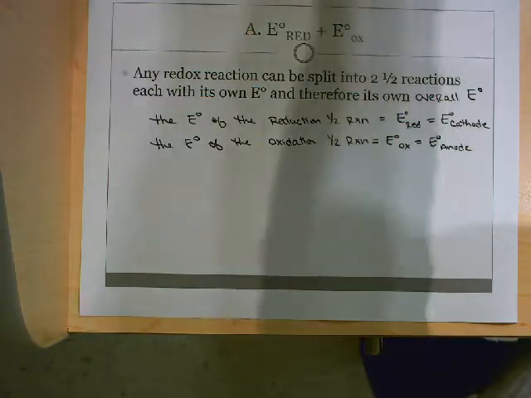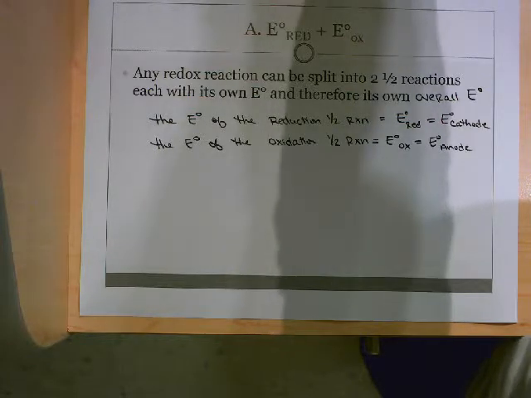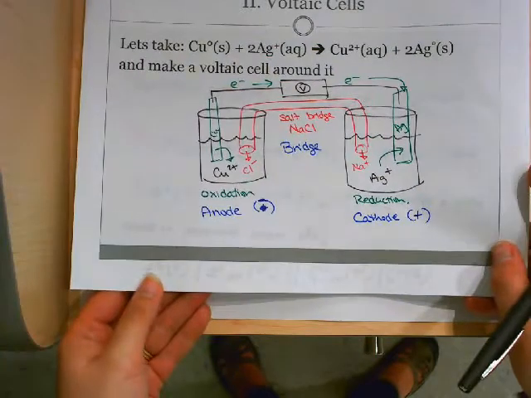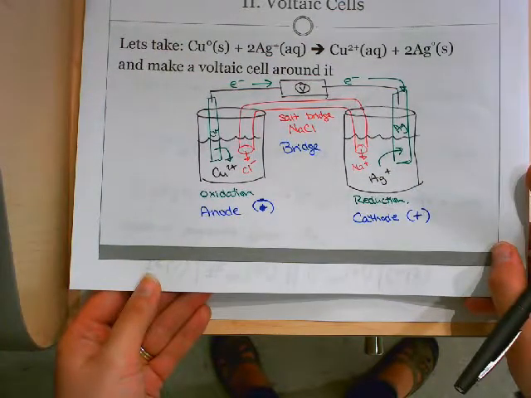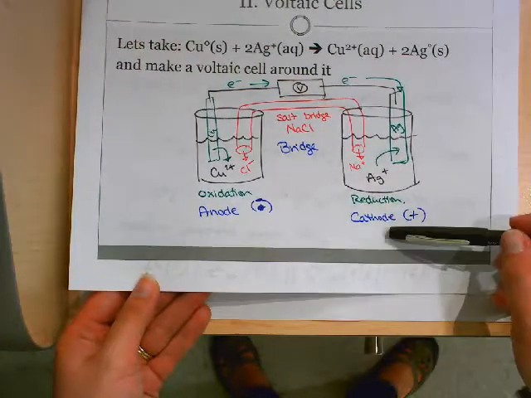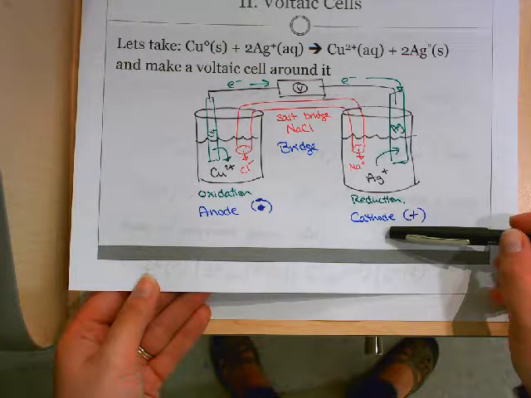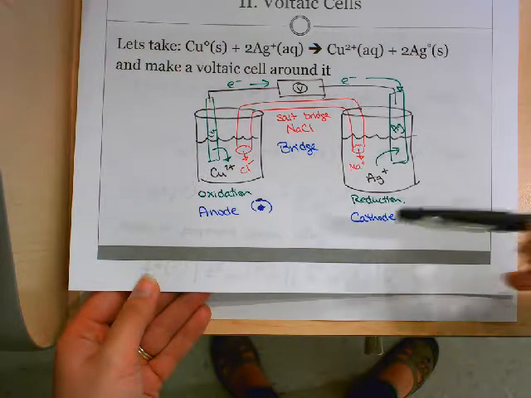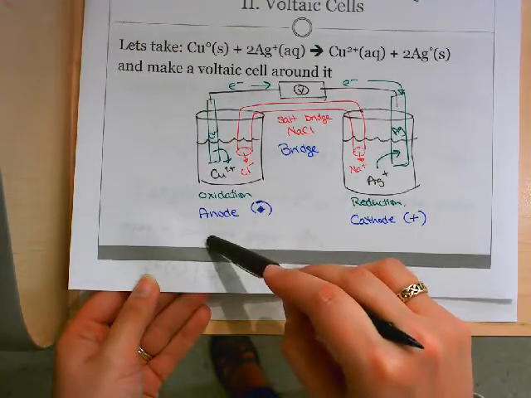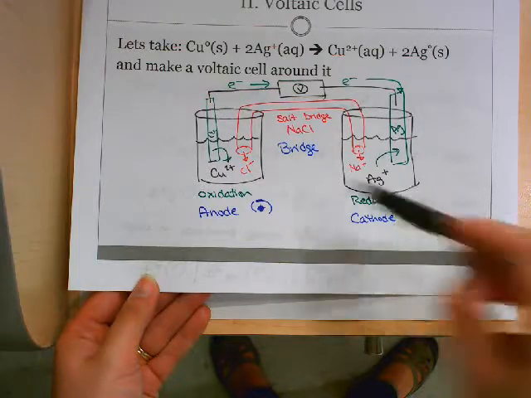Looking back at our picture briefly. Where are the electrons ending up? Right, they're going from the anode to the cathode. If I want to figure out the total number of electrons that have traveled, I'm going to do cathode minus anode. This is where they all ended up, and I want to know how many were left.